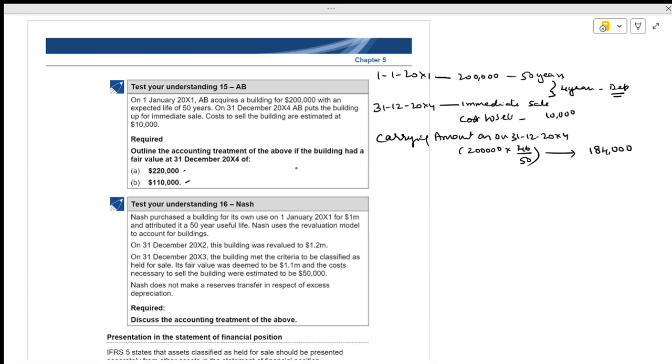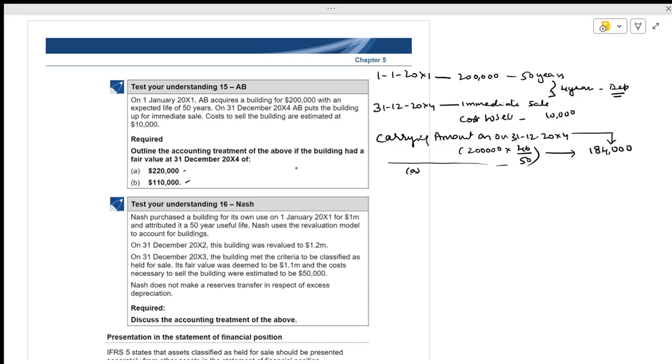Now, point number A. This is the carrying amount as on 31st December 2004.